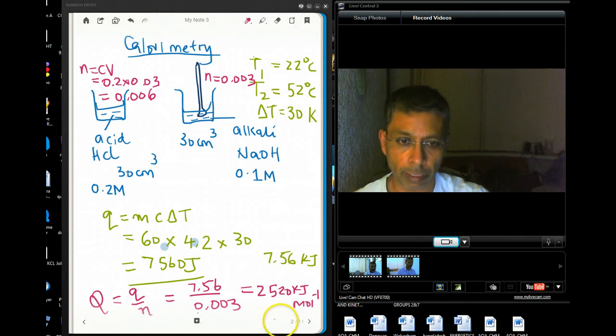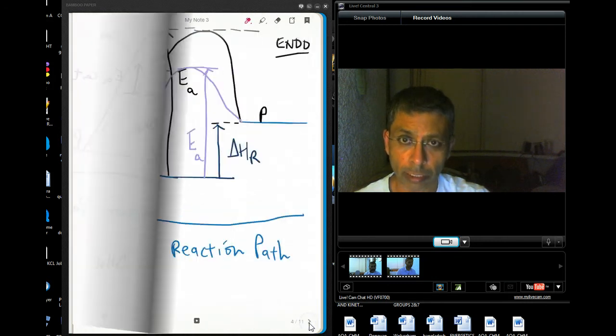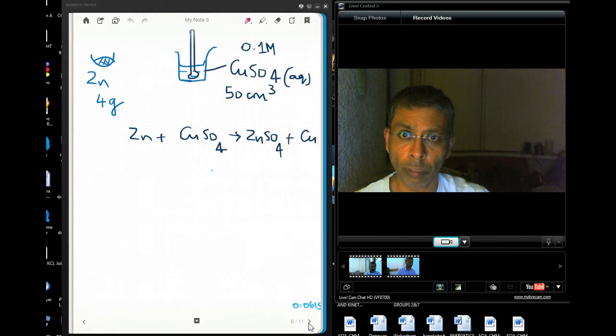that you're adding together. Another possible calorimetry type of question would be where you've got a solid added to a solution. For example, zinc powder added to copper sulfate solution, and the temperature rises. Notice from here that the reaction is 1 to 1.